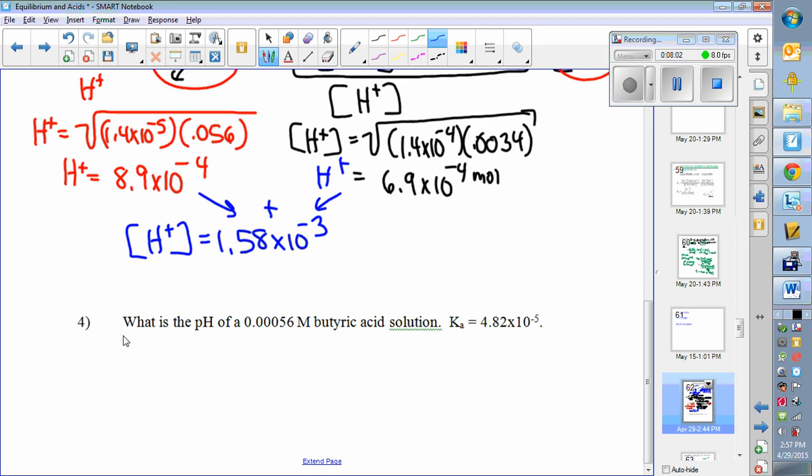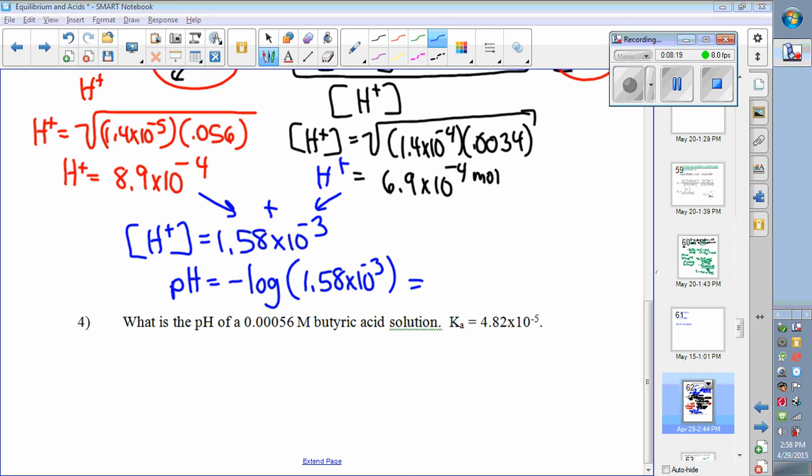So now that you know the total amount of hydrogen ions present, you can easily calculate the pH of that total by doing the negative log of 1.58 times 10 to the minus 3. And you grab your calculator to work that out. Should give you a pH of 2.80.